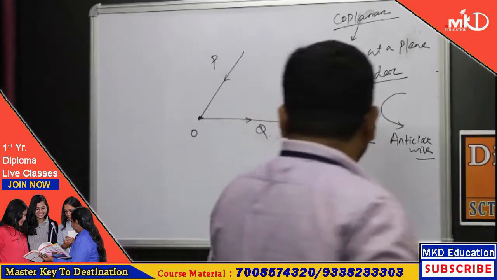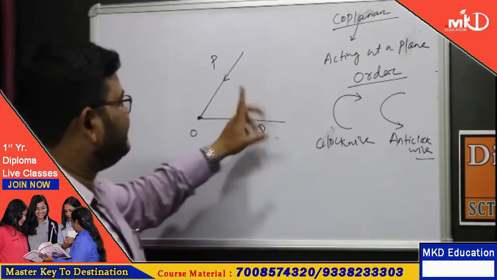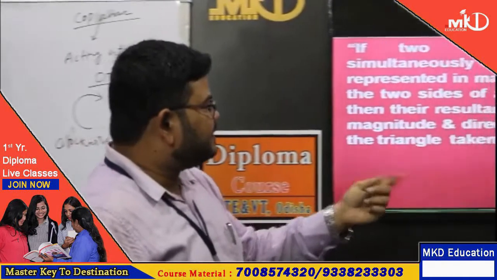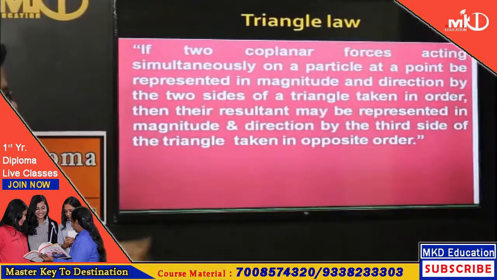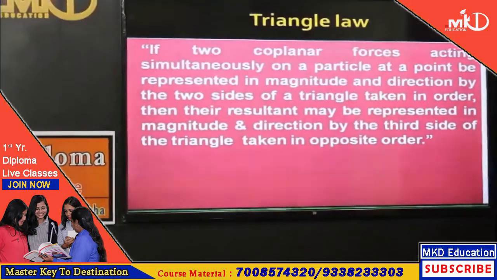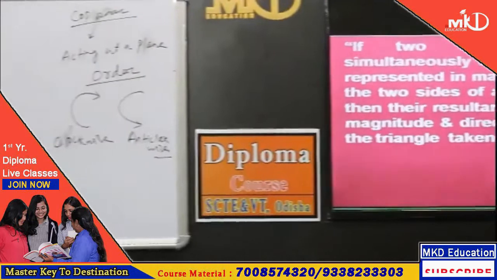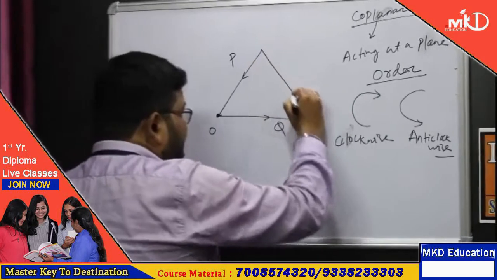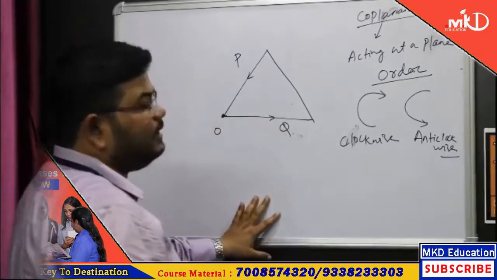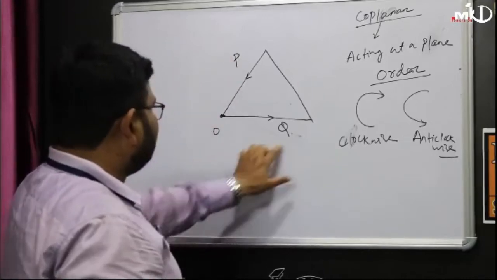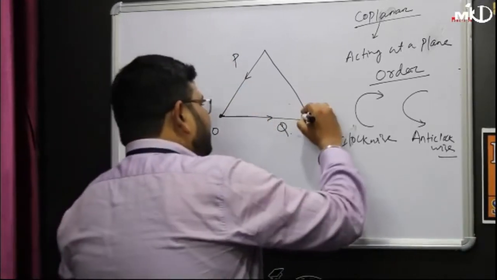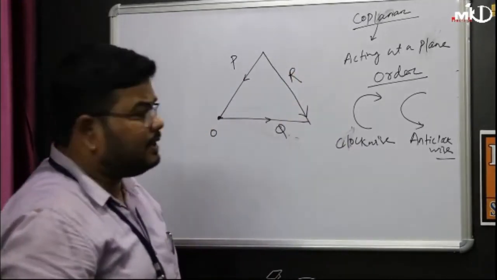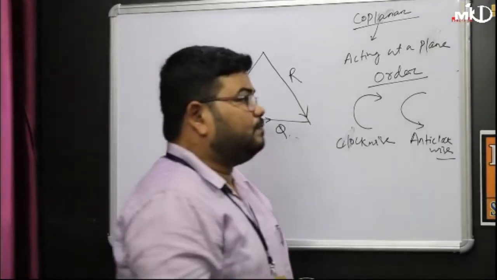That is, I have taken these two forces in an anti-clockwise direction. Now the resultant may be represented in magnitude and direction by the third side of the triangle taken in opposite order. We have represented the two forces which are acting in an anti-clockwise direction, so the resultant will be the third side or the closing side of the triangle taken in opposite order. That means if the order is anti-clockwise, the resultant order will be clockwise. So this will be the resultant. I think you have got the idea about the triangle law.